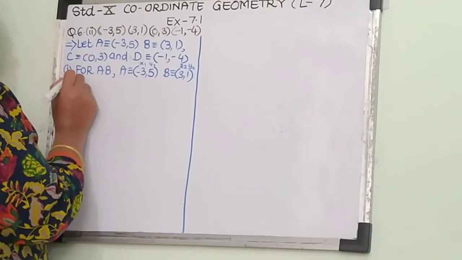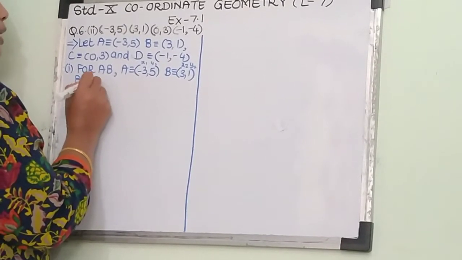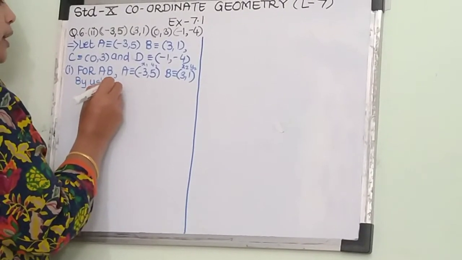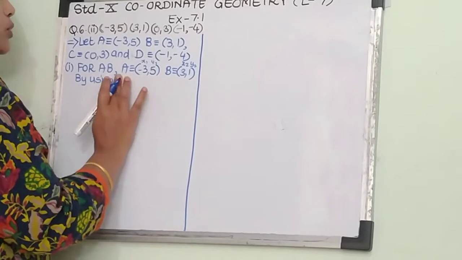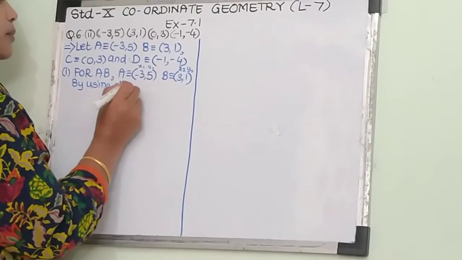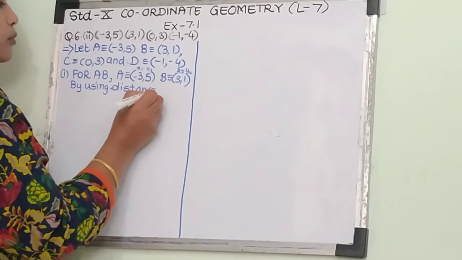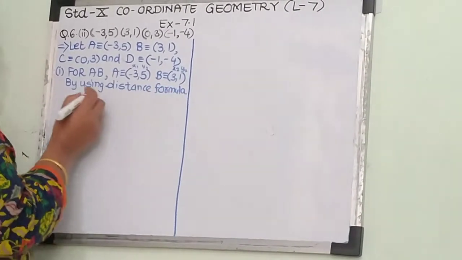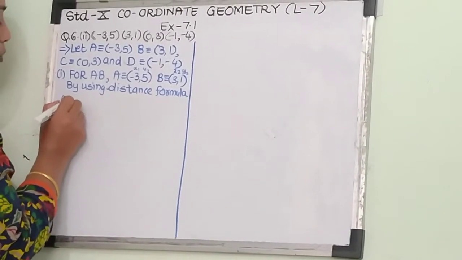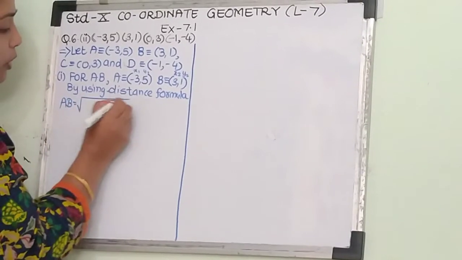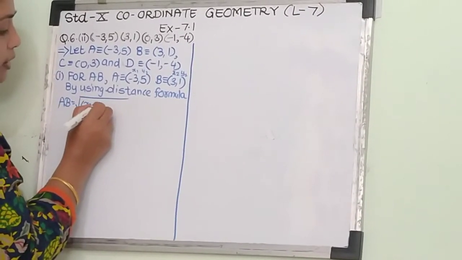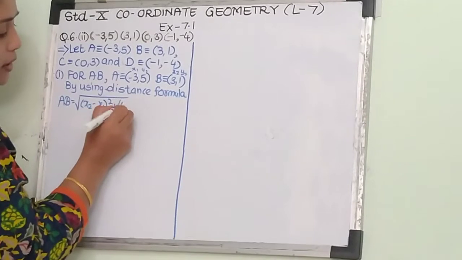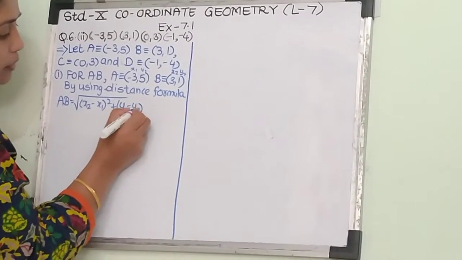So by using the distance formula we can write AB is equal to root of (x2 minus x1) square plus (y2 minus y1) square.